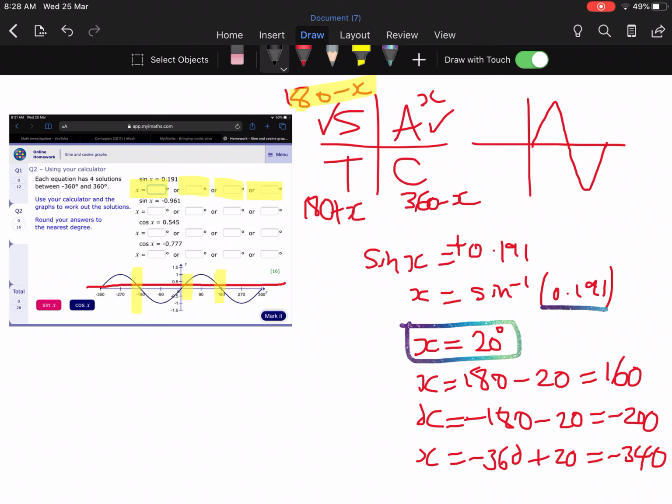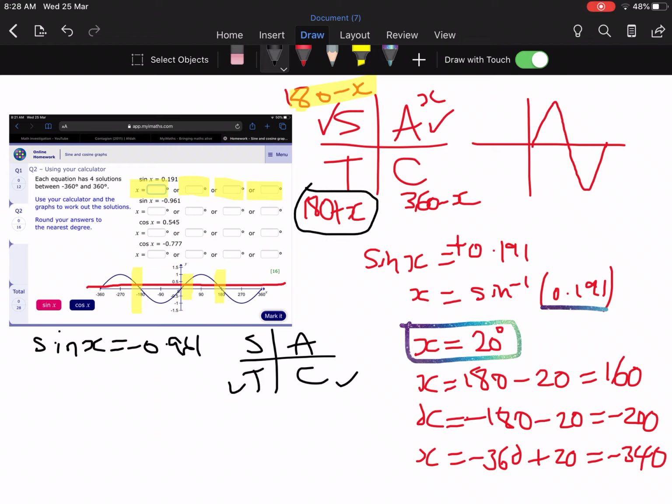For the negative one, so if I just do that here, sine x equals negative 0.961. So in my cast diagram now, it's sine, but it's negative, so I have to tick the tan and the cos quadrants. So that means I'm now going to use this one and this one to work out the two positive values.